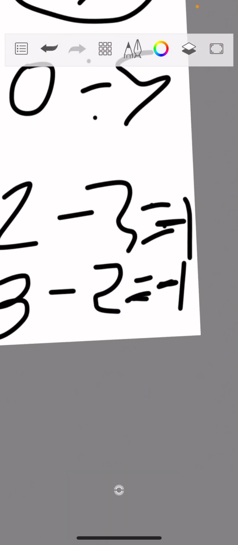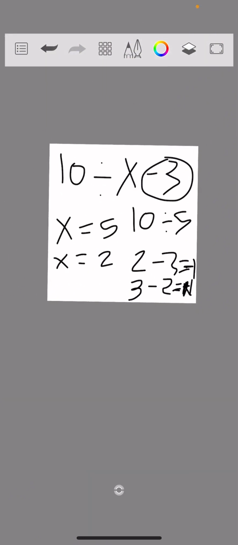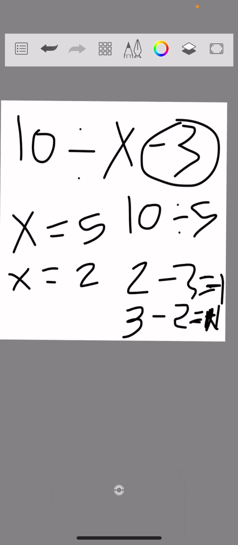So this would be normal 1, and this would be negative 1. Basically, you quickly figure out what 3 minus 2 is, 1, and then add a negative sign in front of it to get what 2 minus 3 is. And that works with pretty much every negative problem where you subtract. It's worked with pretty much everything I've tried so far, so that's a useful trick.